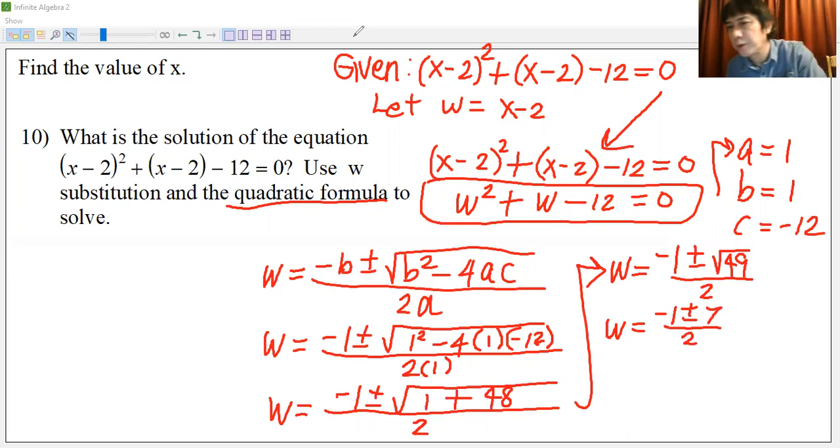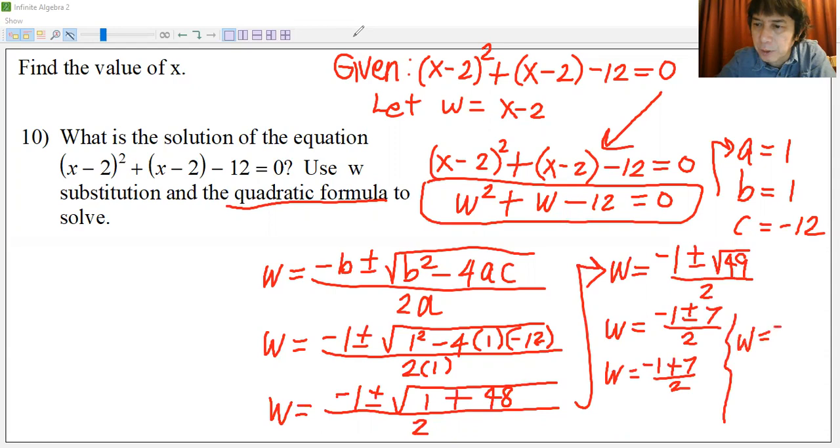We're going to have two values here. One value is (-1 + 7) / 2, the other one is (-1 - 7) / 2.